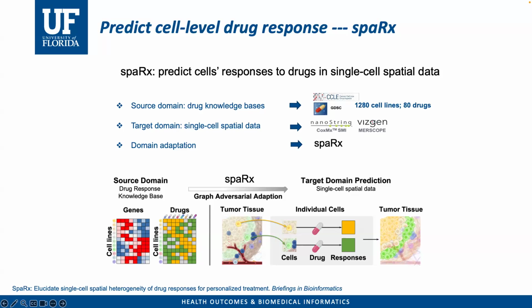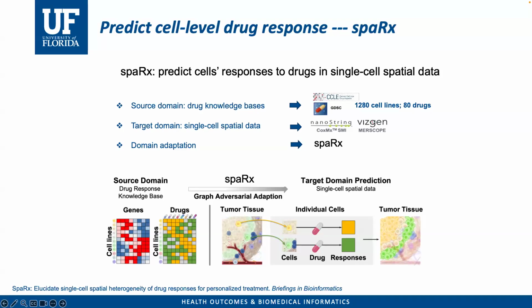Yeah, so the overall design is shown in this diagram. We have the drug knowledge base. Because the government has spent a lot of money to get the gene expression data of cell lines, and we have the drug screening profiles of all those cell lines. So we all have this knowledge. We want to transfer this knowledge to the single cell spatial data to learn whether a specific cell responds to a specific drug in the single cell spatial data.